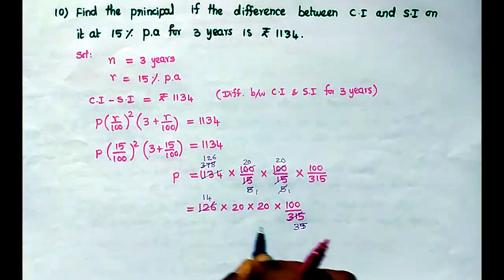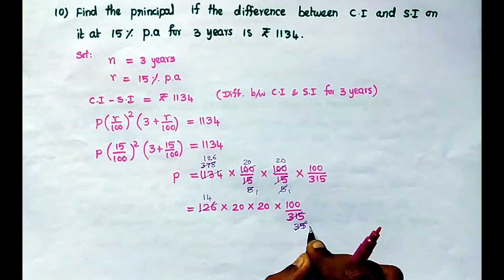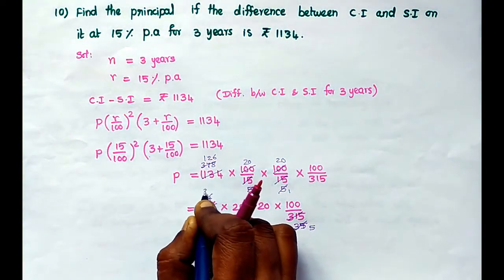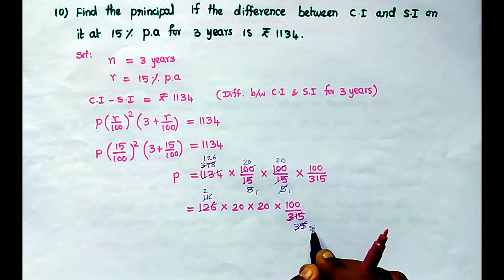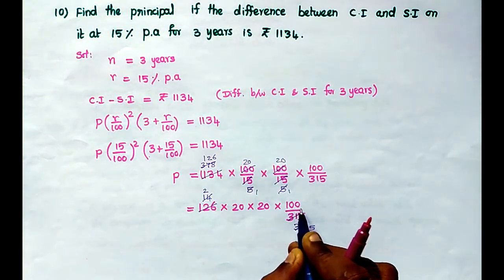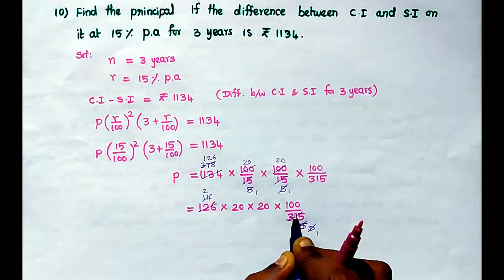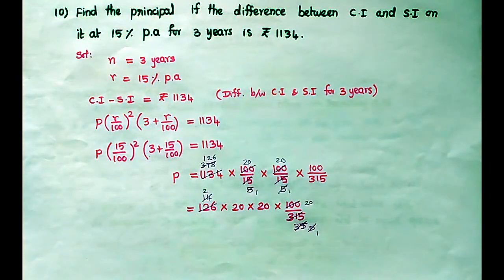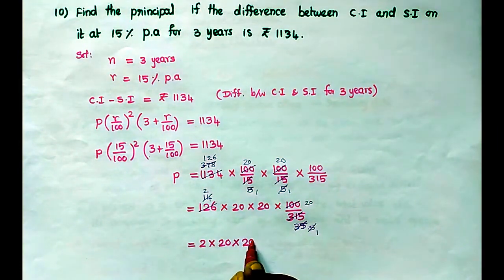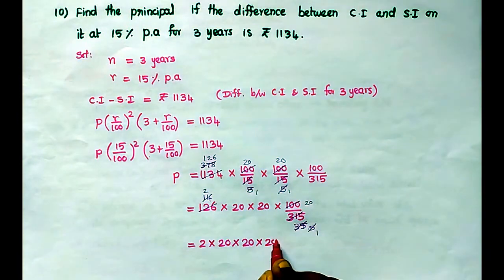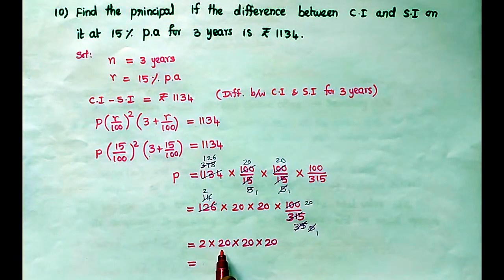Now cancelled by seventh table means 5 here and here 2, and again cancel these two numbers by fifth table, that means 5 1 is 5, 5 20 is 100. Now write down the remaining number: 2 into 20 into 20 into, here also 20. 2 2s are 4, 4 2s are 8, 8 2s are 16, and 3 zeros.